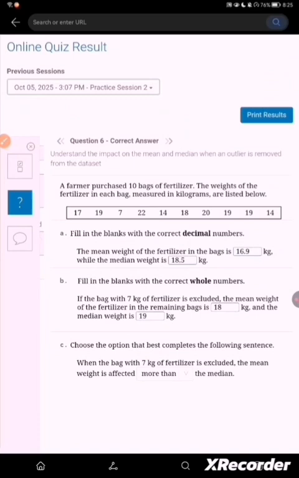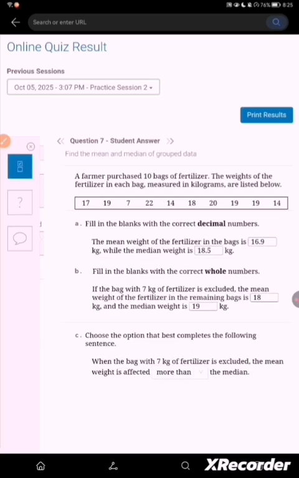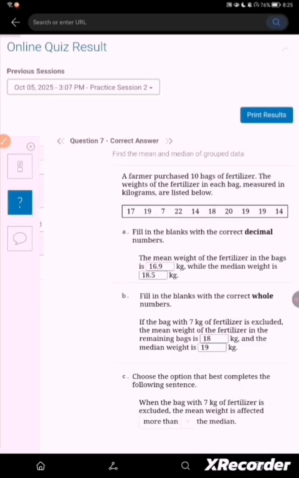Because when you remove the 7 kilograms, you've removed 1.1 kilograms from your total answer of the mean. But when you remove 7 kilograms, you've removed only 0.5 kilograms from your total answer of the median. So that means your mean was affected more than your median. Okay? So for part C, when the bag with 7 kg of fertilizer is excluded, the mean weight is affected more than the median.